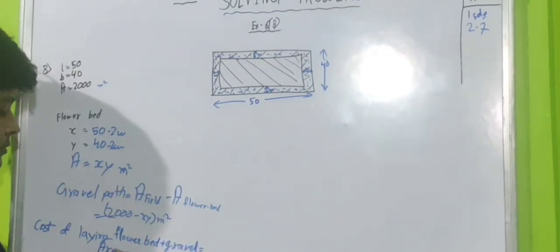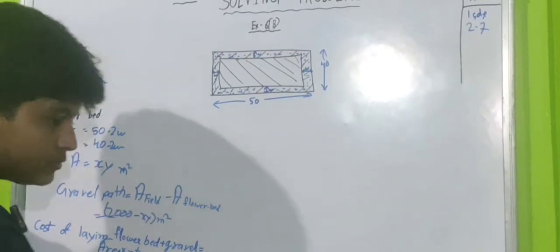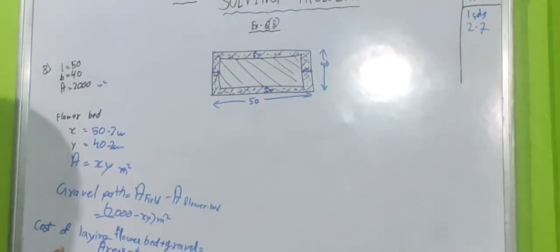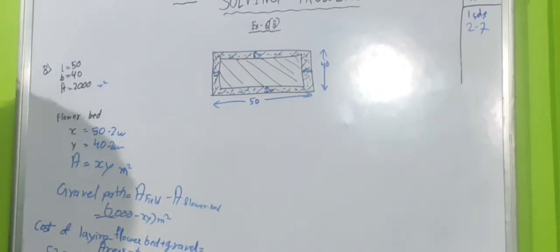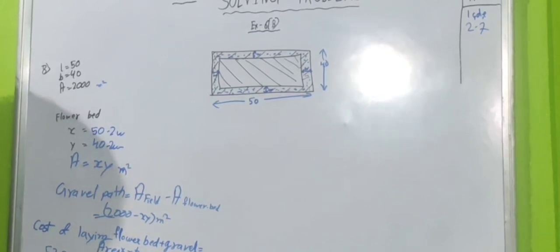Now the total cost of laying flower bed and gravel is given in the question as 5200. Cost of laying flower bed is 30 into xy, that is the flower bed's area, and 30 is the rate. This plus this, that is 20 into the area of gravel.